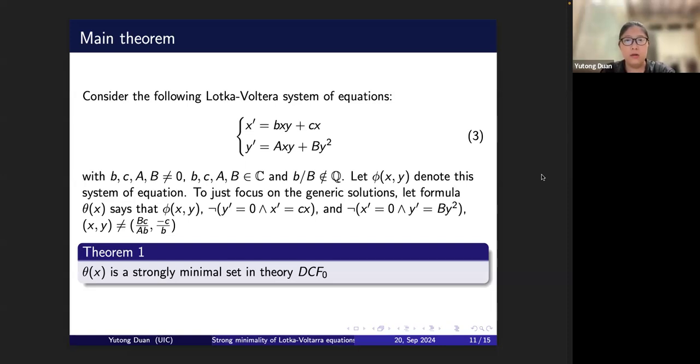So basically, you just need to add this equation to your formula, and then theta of x still tells you that x and x prime, or x and y, which is defined by x and x prime, is a solution to system of equations 3. So the main theorem is theta of x is a strongly minimal set in the theory DCF0.